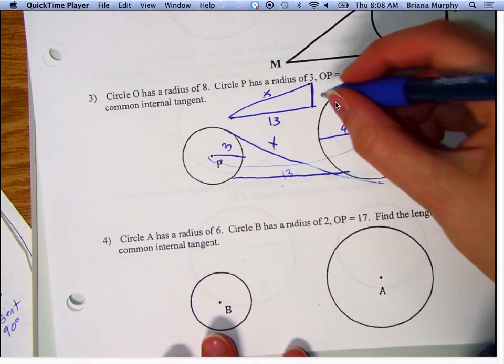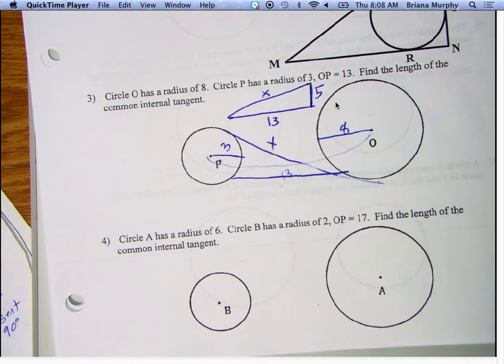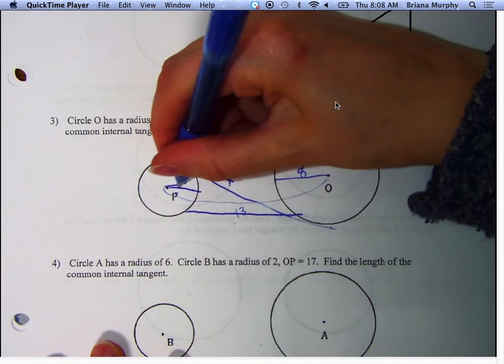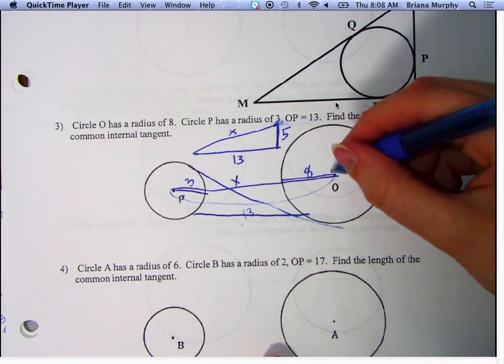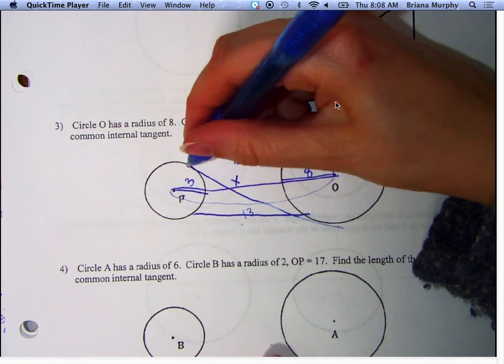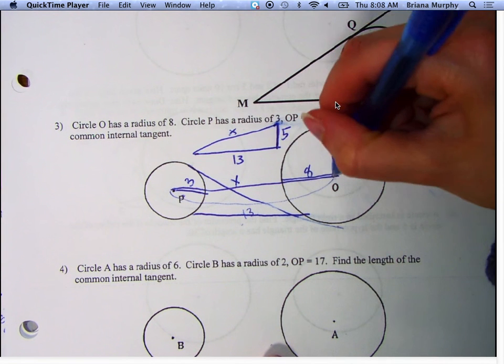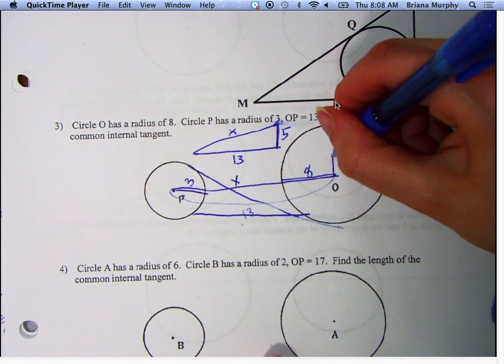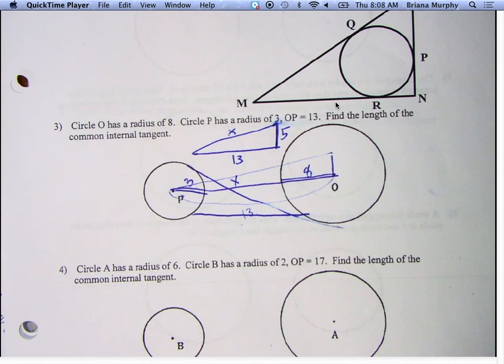And you end up with 5. Okay? Because we want from here to here, and then we want a height that's left over to end up with that kind of a thing. Okay. Yeah.